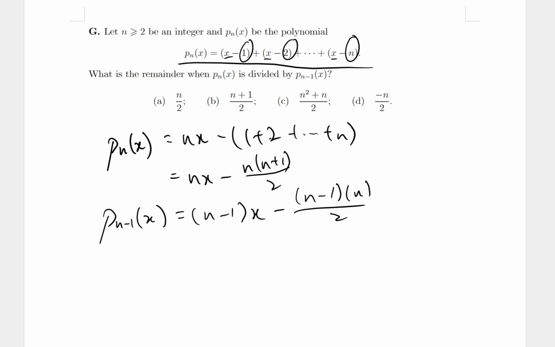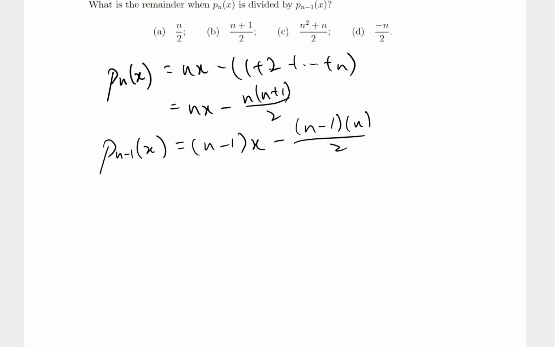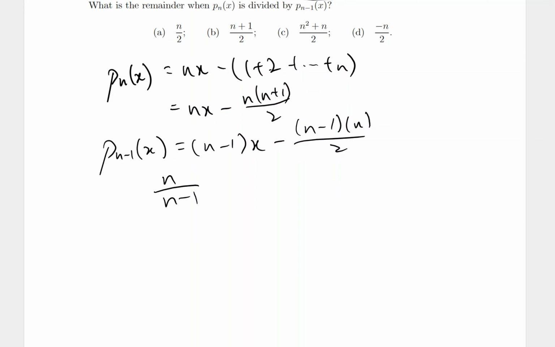Cool. Now, how many times does Pn minus 1 of x go into Pn of x? Well, we know the answer is n over n minus 1 times, because when you do polynomial division, you always look at the term with the highest degree.